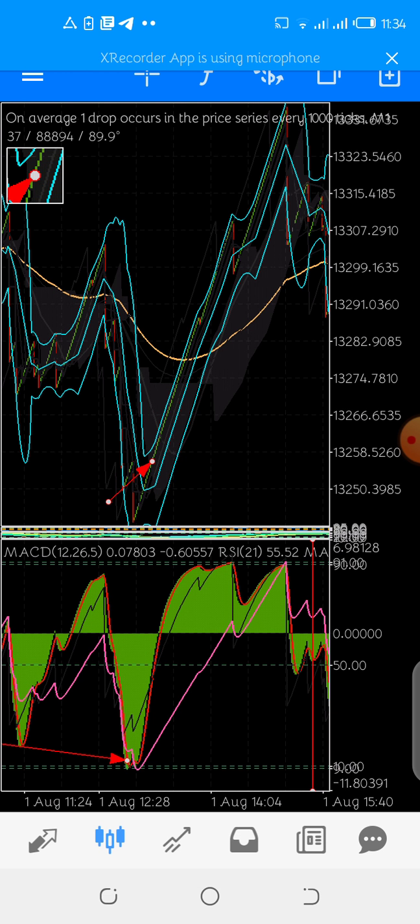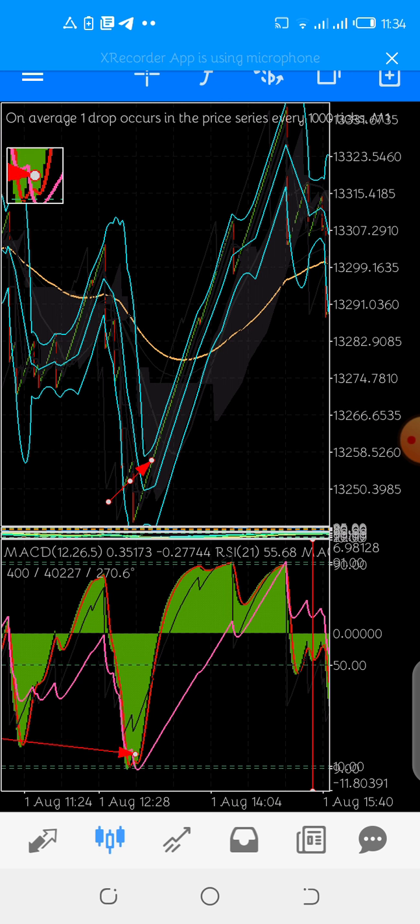So the key point to take from this strategy is to let the MACD and the moving average touch level 10 and level 90 on 1 minute, and confirm it on 5 minutes. That is the key point.